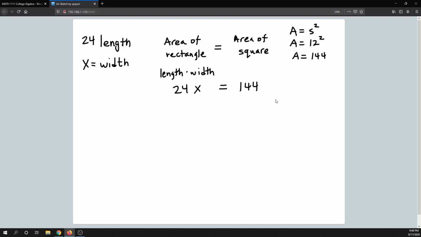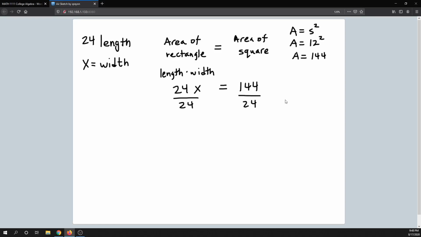Okay, so next up we need to solve this linear equation. Each side is as simple as we can get it, so there's nothing to do there. Everything with an x is on one side, everything without the x is on the other side. So all we need to do to solve this one is to divide both sides by 24.